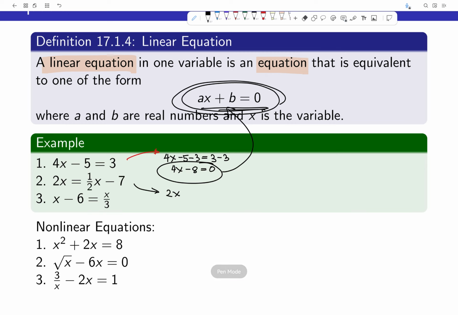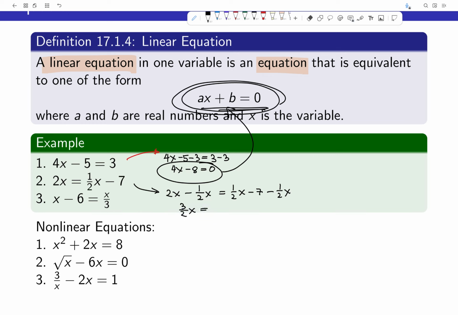So this becomes 2x minus 1/2 x equals 1/2 x minus 7 minus 1/2 x. Then we simplify: 2x minus 1/2 x. In other words, we subtract 2 minus 1/2, so that is 3 over 2. That's 3 over 2x.